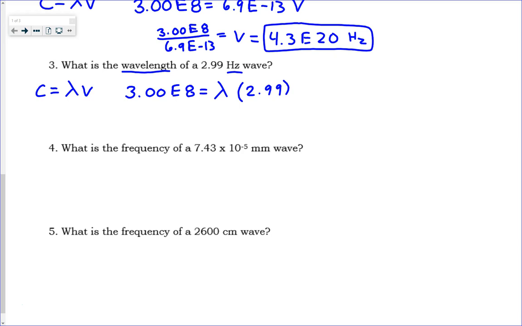To solve for lambda, we're going to divide both sides by 2.99, and you get 3.00 times 10 to the 8th divided by 2.99 equals lambda. Putting that into the calculator, we get 1.00 times 10 to the 8th, and then the unit on this, because it is wavelength, is meters.